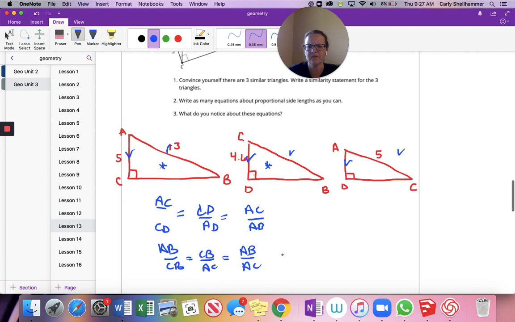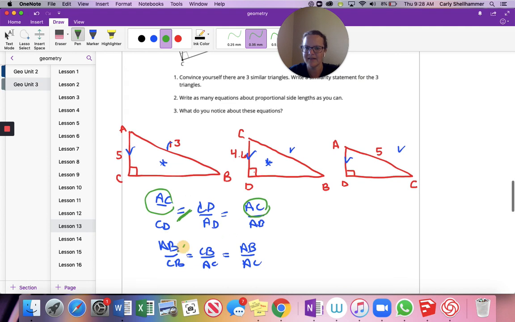And what do we notice about these equations? It's kind of magical. Let's see. Those are the same. Let's see, I think this should have been a D. AC over CD, CD over AD, AC over AD.